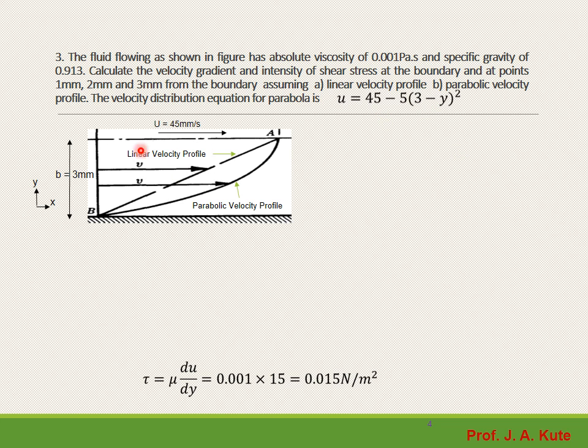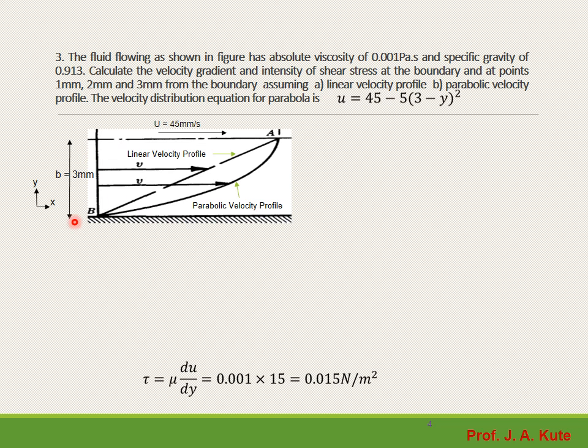So this is the diagram given with the numerical. You can see that this is a parabolic velocity profile, and this straight line is a linear velocity profile. The velocity profiles are represented by AB. AB represents a straight line, a linear velocity, while the curved line represents a parabolic velocity profile.